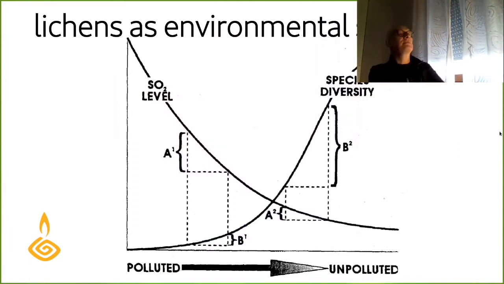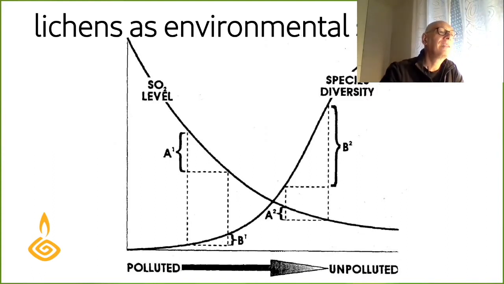And in general, there is a very nice relationship between air pollution, in this case sulfur dioxide level, and the species diversity of sensitive indicators, which can be used in two ways.